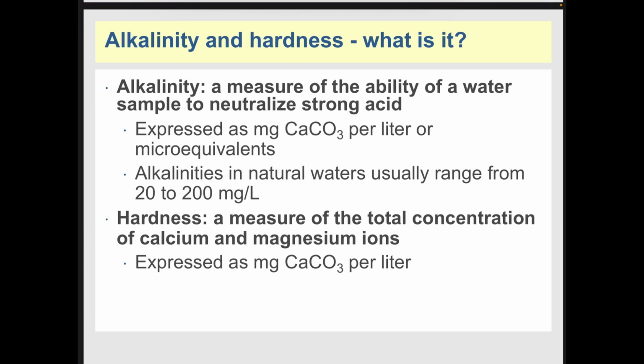Alkalinity is like a measure of pH, but it's not really pH. But then, how could the water be neutralized with a strong acid? While hardness is a measure of the total concentration of calcium and magnesium ions. It is also expressed as mg CaCO3 per liter.